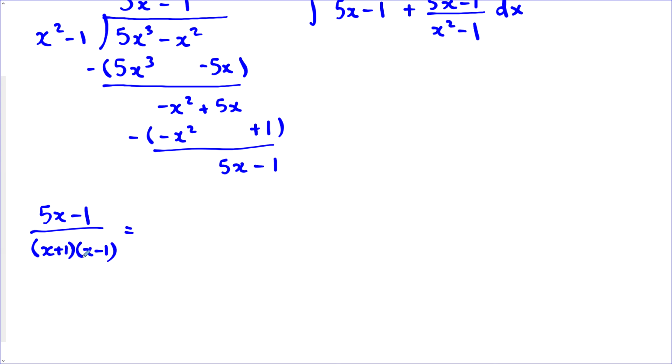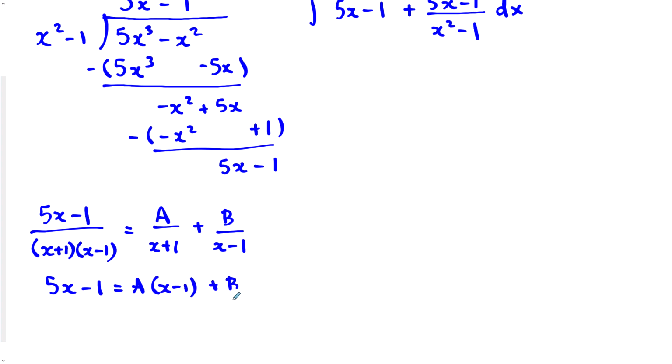And we see that these aren't repeated, and they're only linear, so we break it up like this, a over x plus 1 plus b over x minus 1. We multiply this whole equation by the common denominator to get rid of it, so we get 5x minus 1 is equal to a(x minus 1) plus b(x plus 1).